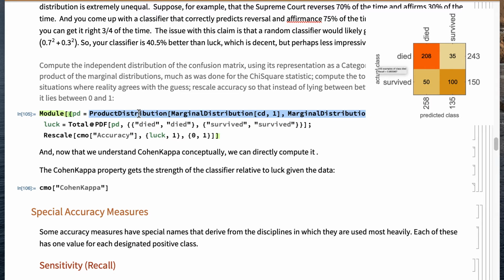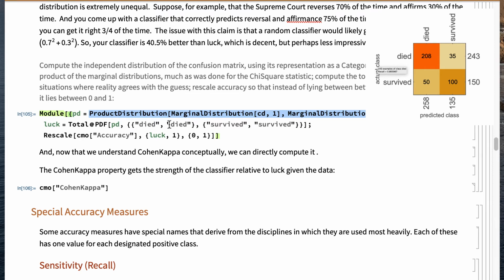So this is what the distribution of actuality and guess would look like for a worthless classifier, and we'll call that PD. We're then going to compute the PDF of our worthless classifier for the times that we would still get it right as a result of guessing.